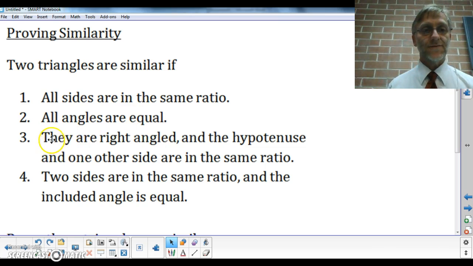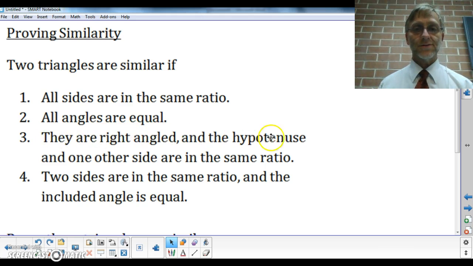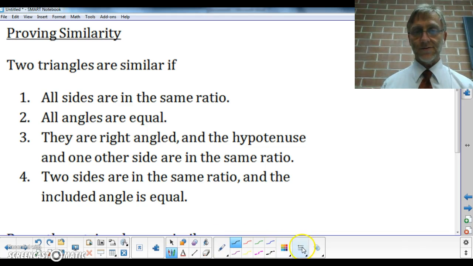The first one is if we've got two right-angled triangles, and the hypotenuse and one other side are in the same ratio. That means we're only interested in two sides of the triangle.